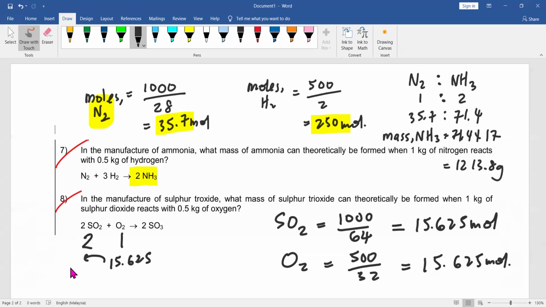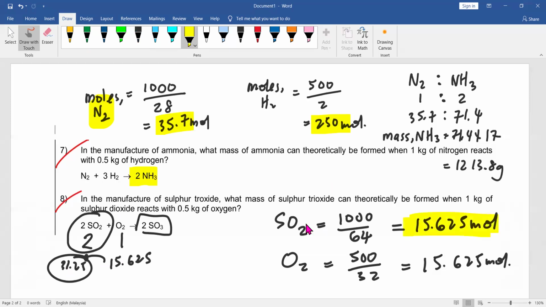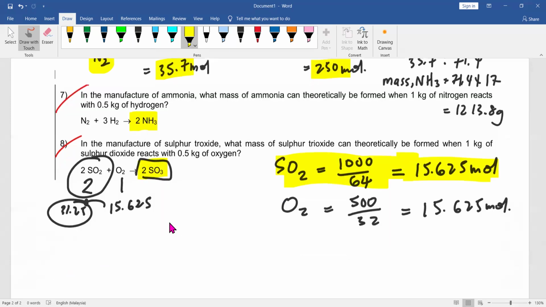I will need 31.25. Do I have 31? No. Okay. So my sulfur trioxide must follow the one that is less. So it's correct, it's this one. But this one is the limiting one. Okay? Do you understand? Yes. Do you get it now?